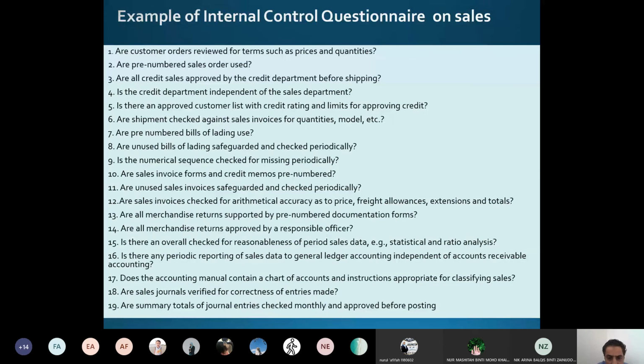Did they check it periodically? Let's say monthly, weekly, every quarter, every 3 months. If they check, then we say that they have what we call a detective internal control process, which is independent review. And normally the one who will do this is the internal auditor, if they have this department. Number 9.